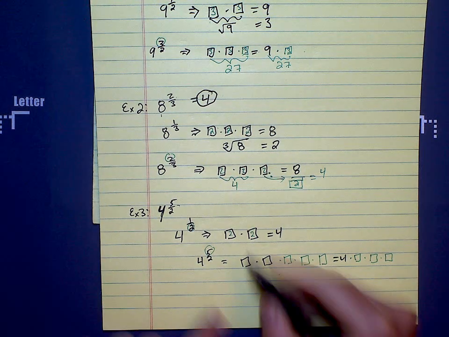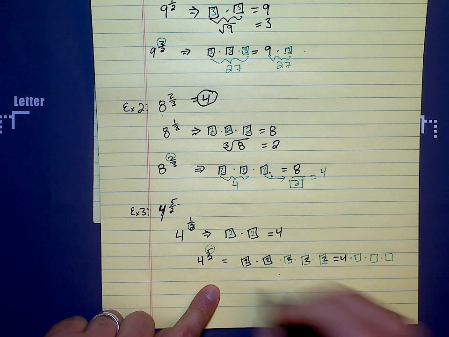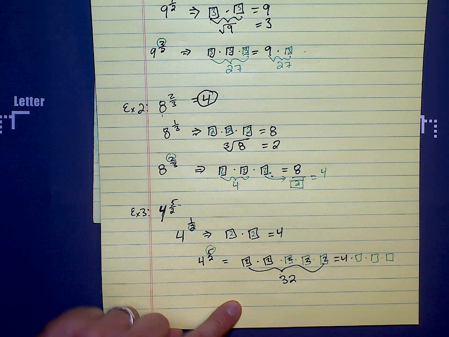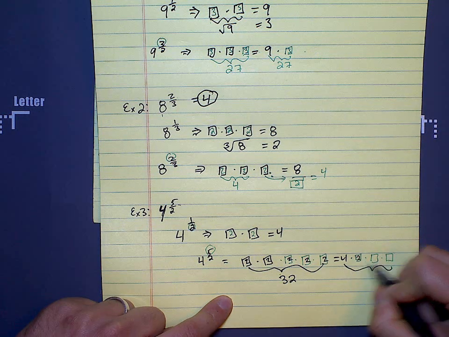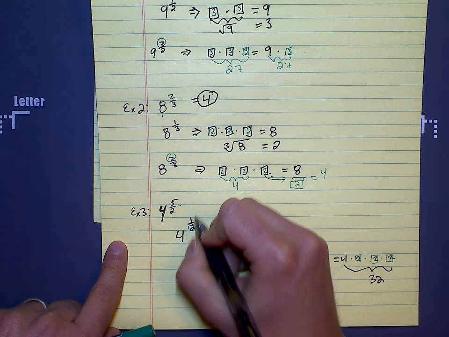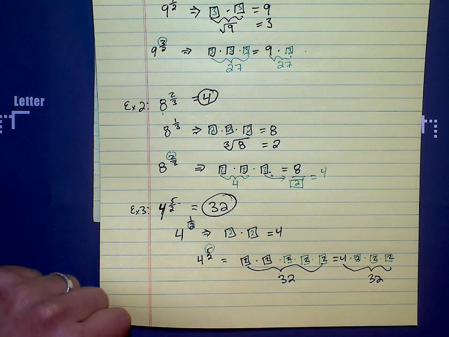So if we have 2 times 2 times 2 times 2 times 2, if we take 5 of those, that's going to be 32. Just like taking 4 times 2 times 2 times 2 is 32, which means 4 to the 5 over 2 is going to be 32.